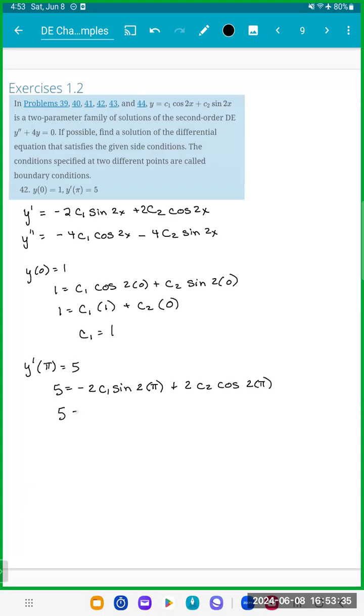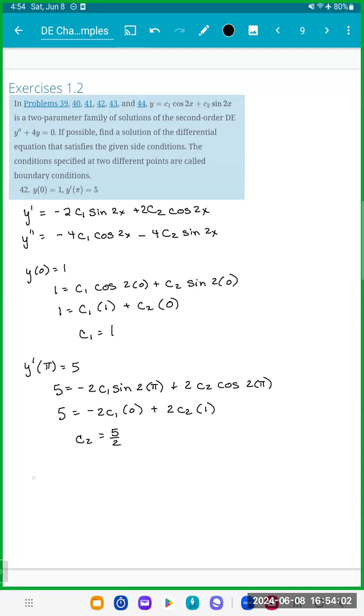So this gives me 5 equals negative 2c1 times 0 plus 2c2 times 1, because the sine of 2 pi is 0, the cosine of 2 pi is 1. And so we could solve this to get that c2 is equal to 5/2.